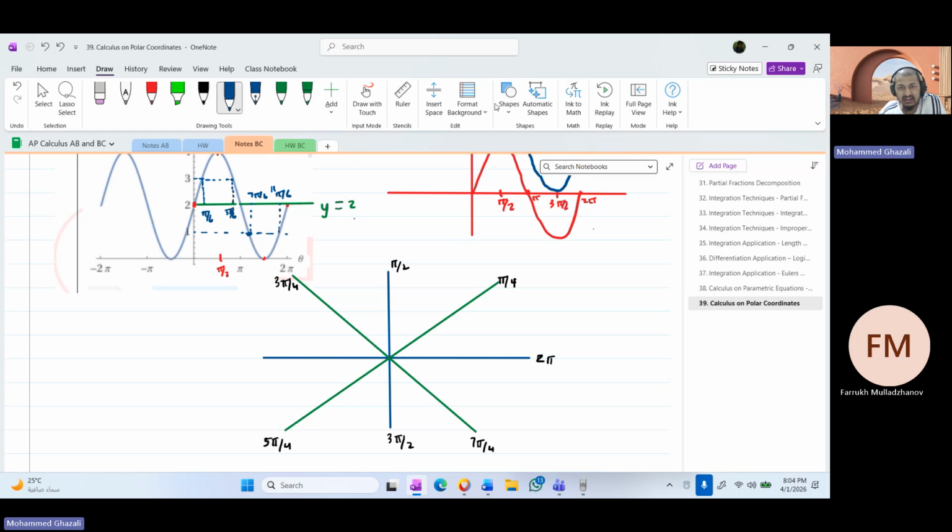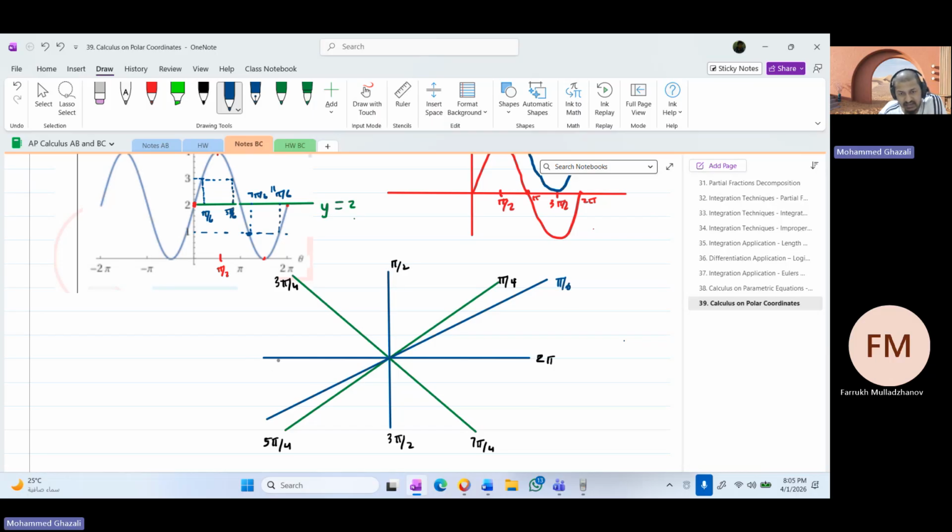Now let's draw our 30-degree lines. I'm just estimating. So 30 degrees is somewhere around there. That's my 30-degree line, so that's pi by 6.